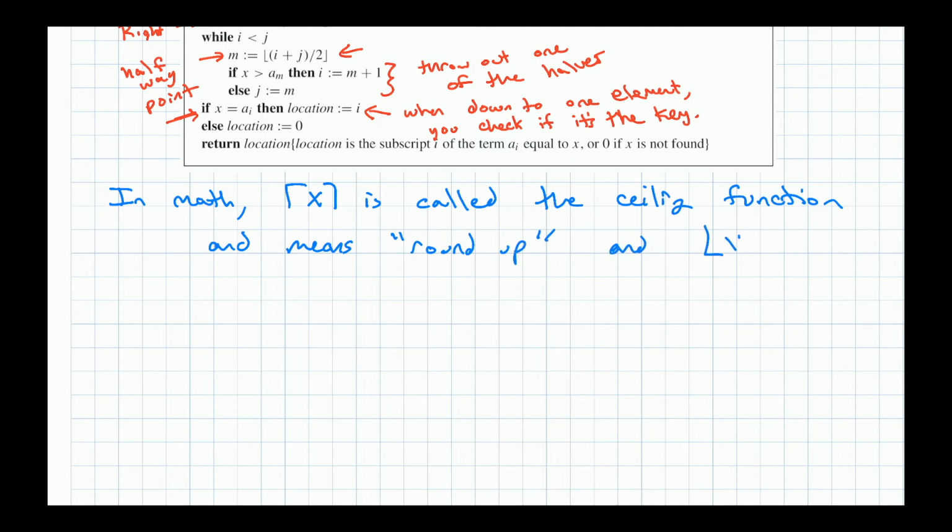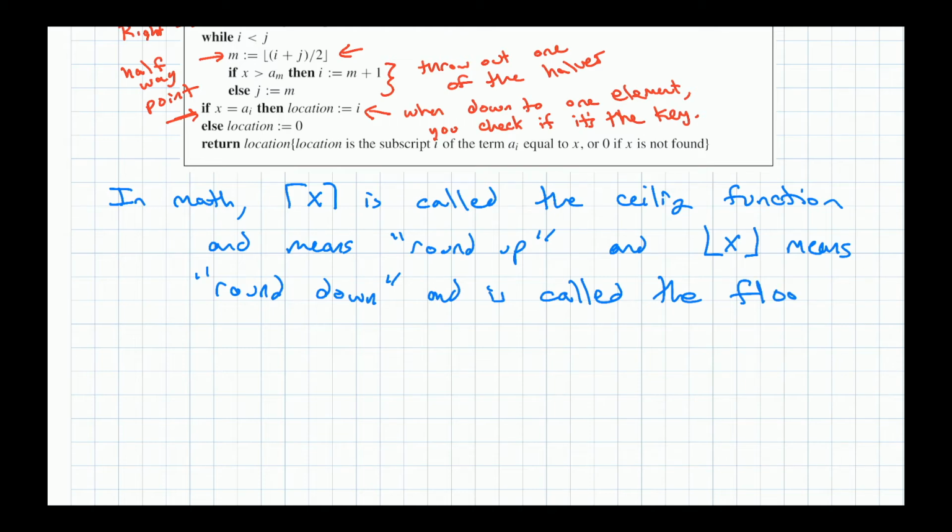And this one, which is what we actually have, means round down. Okay, and it's called the floor function. Also, I didn't write ceiling properly. Okay, so the ceiling function and the floor function.